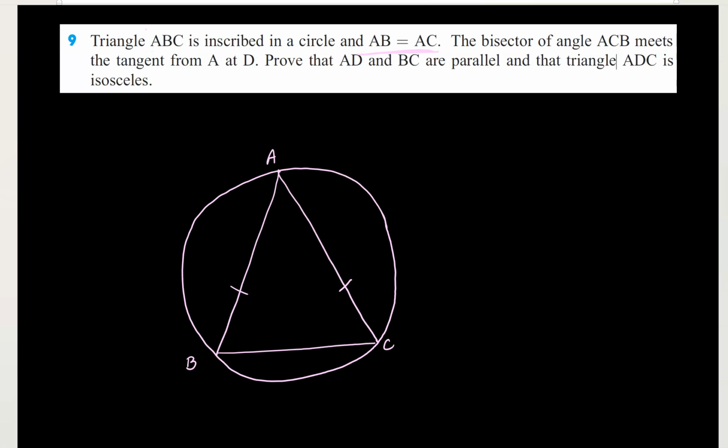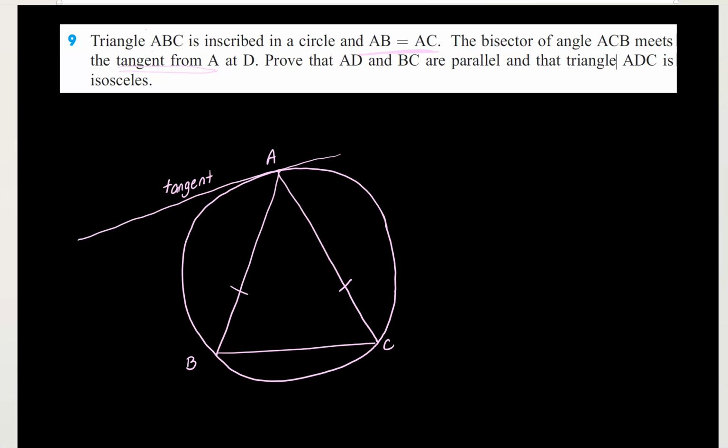The bisector of angle ACB meets the tangent from A. So we've got a tangent from A, once again a tangent, because that makes your eye go to certain theorems that have got the tangent involved.